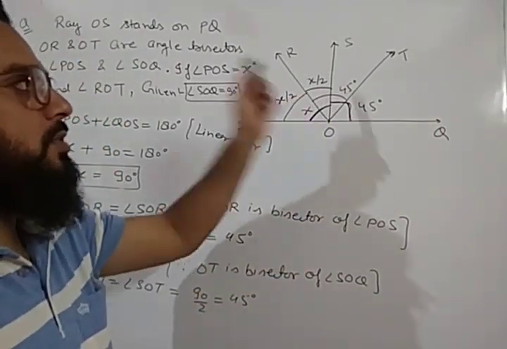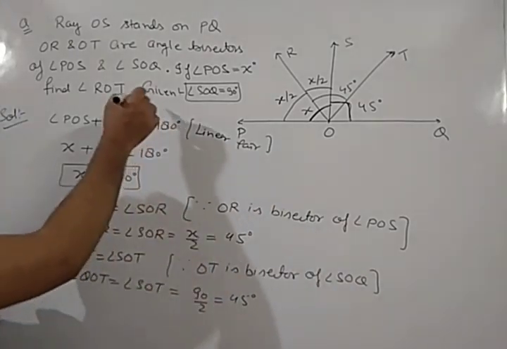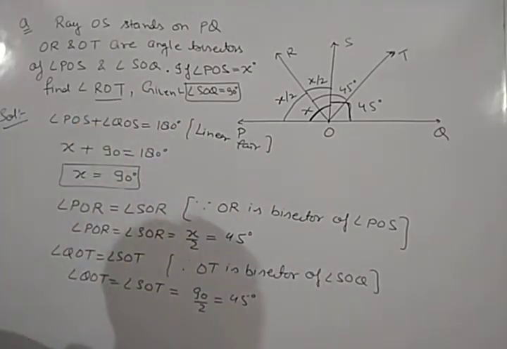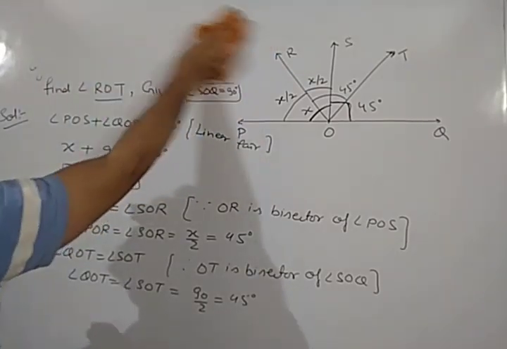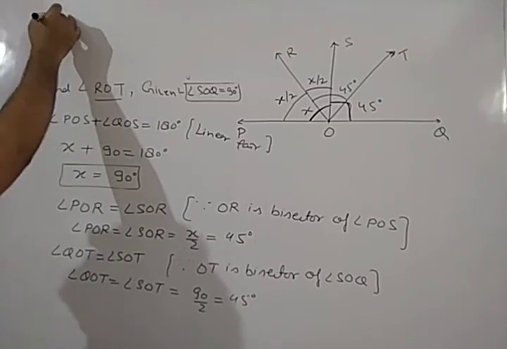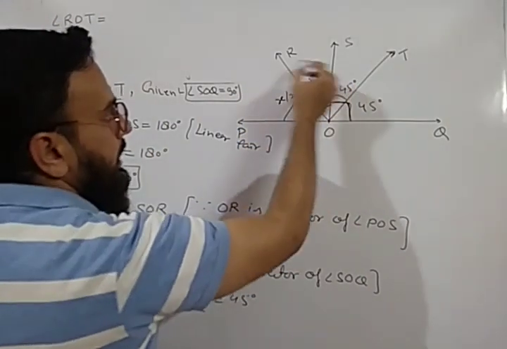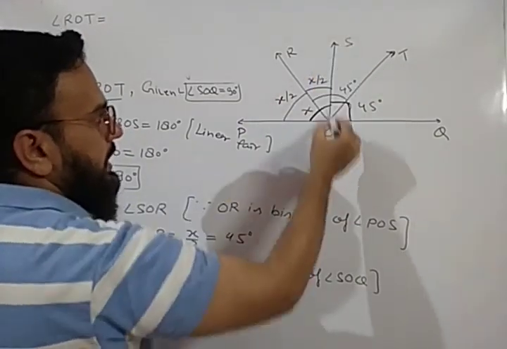Angle ROS is also 45 degrees in this equation. And we have to find the value of angle ROT. So angle ROT will be equal to, what is angle ROT? It is angle ROS plus angle SOT.